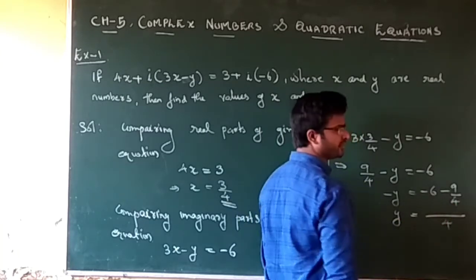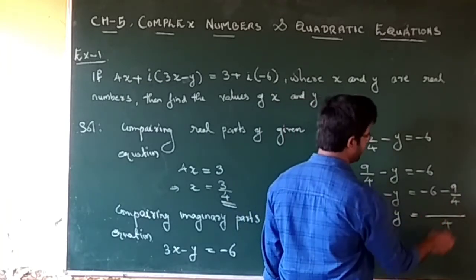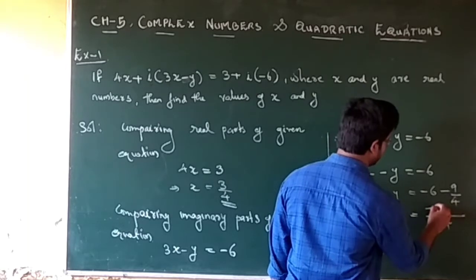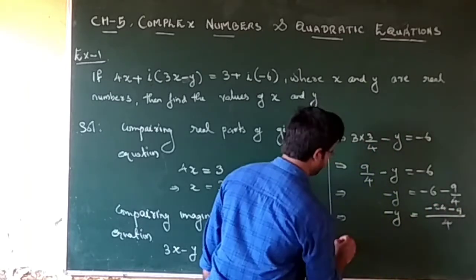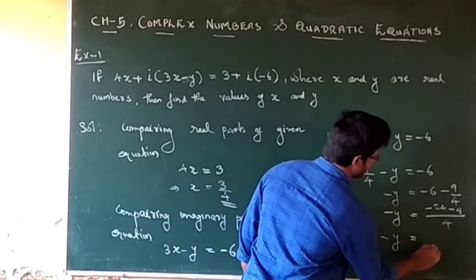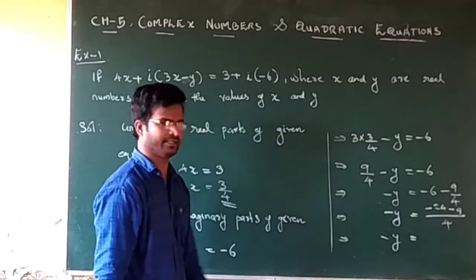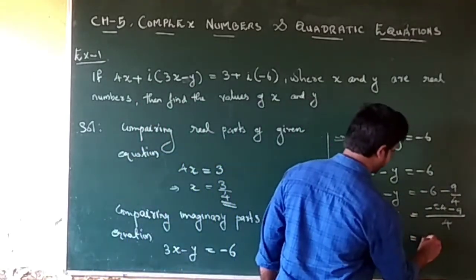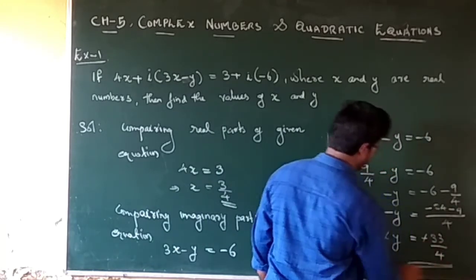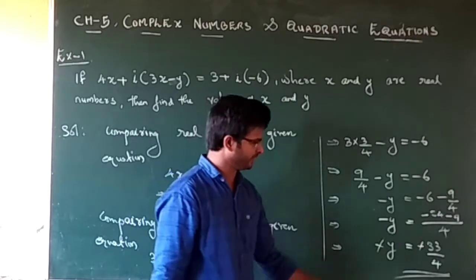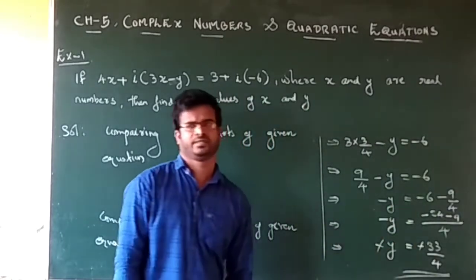Then 4 into 6, 24. 24 plus 9 gives 33, so minus y equal to minus 33 by 4. Minus minus, just cut it. We got the y answer as 33 by 4.